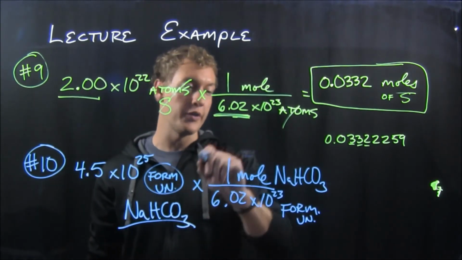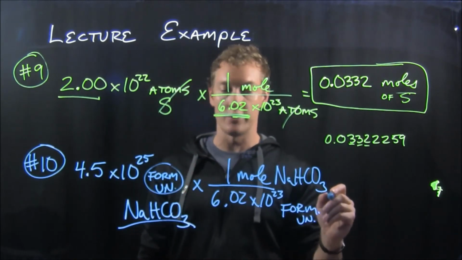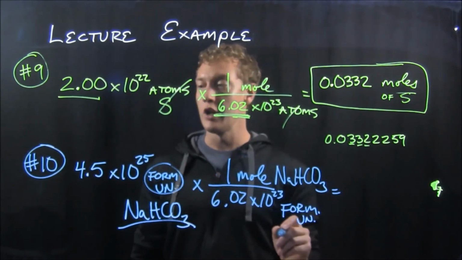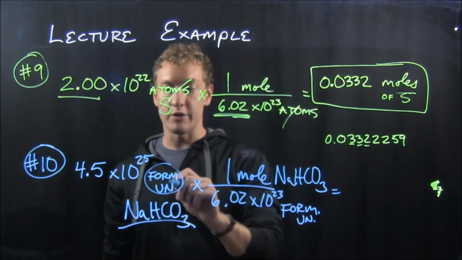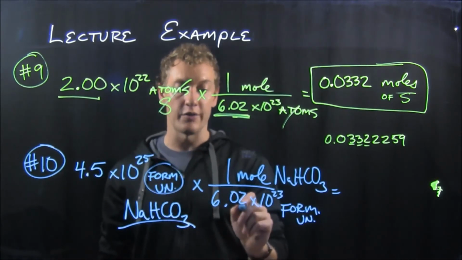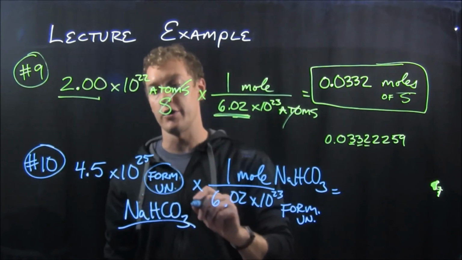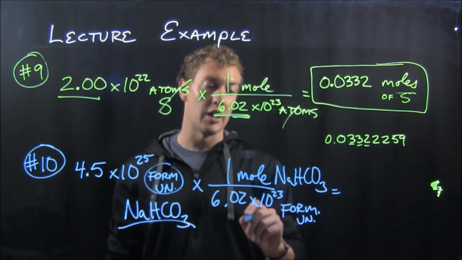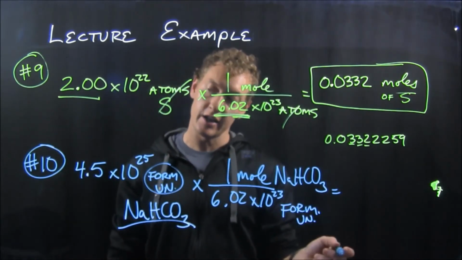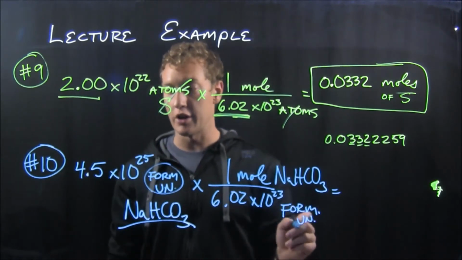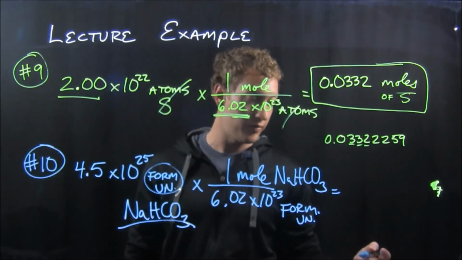So 4.5 times 10 to the 25th times 1 divided by 6.02 times 10 to the 23rd. And that's going to come out to be, so 4.5 divided by 6, that's 0.75. 10 to the 25th divided by 10 to the 23rd, so that would be 10 to the second, 0.75. So it's going to come out to be 75 moles.